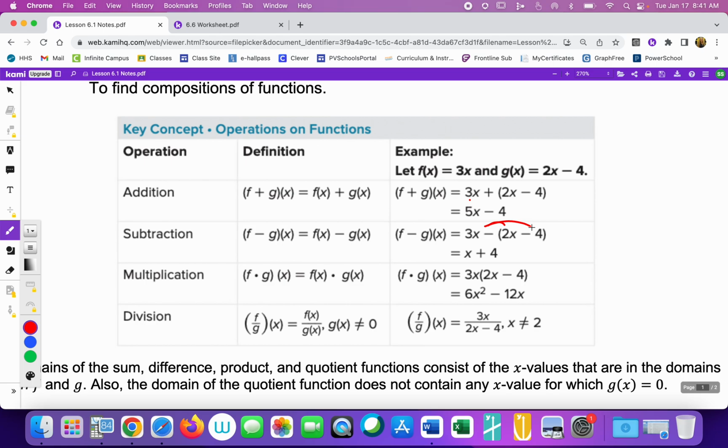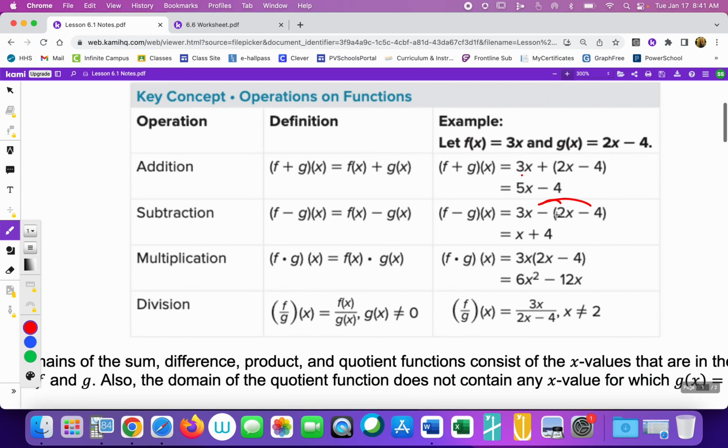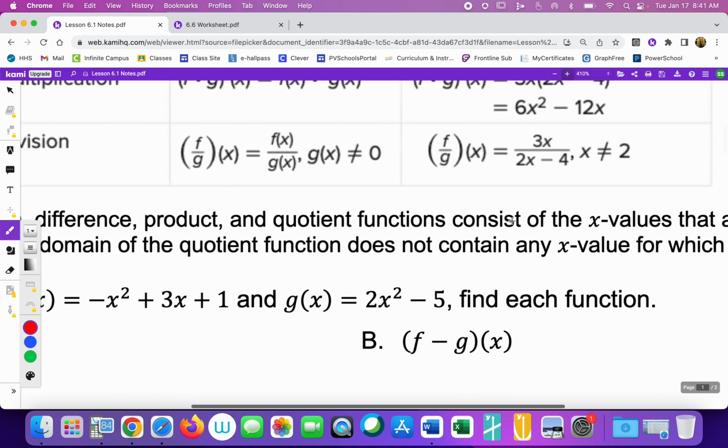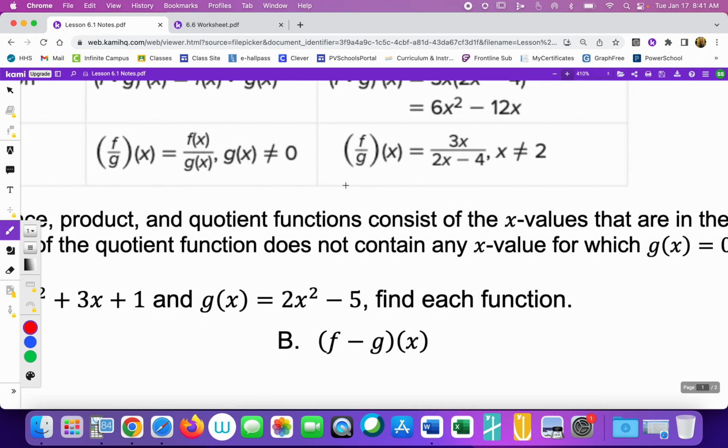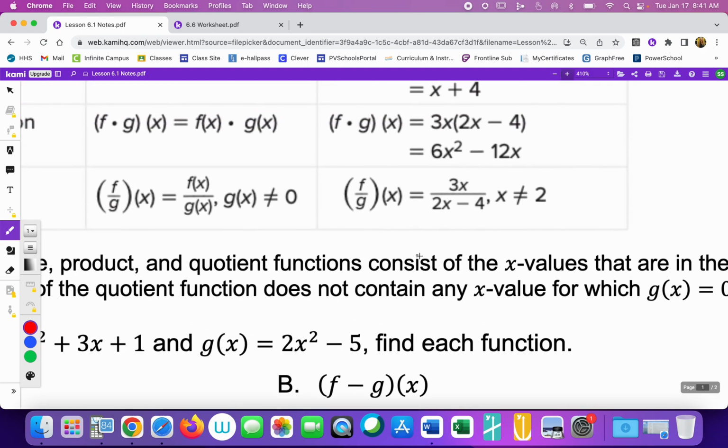Dividing, so usually just straight up division, you just put the numerator over the denominator, and you're not really going to fall into too much simplification, but you do need to list where the denominator would be undefined, which we did before break. All right, so on this one, I'll just zoom in a little bit because it's small. If it was f divided by g, that would be the f function on the top, g function on the bottom.